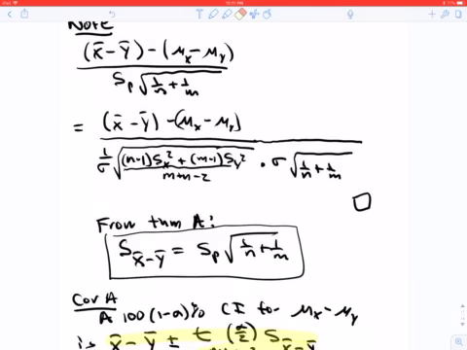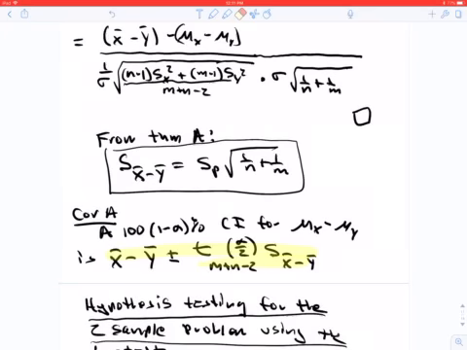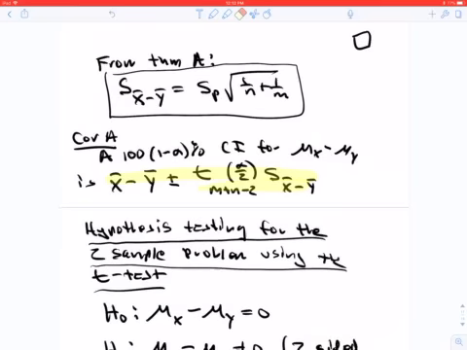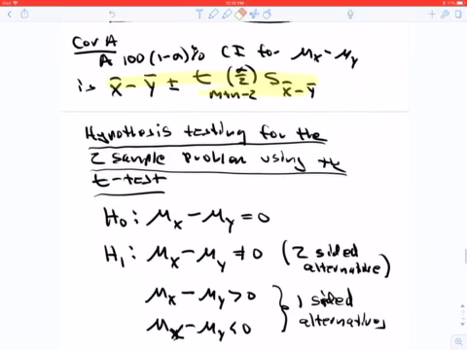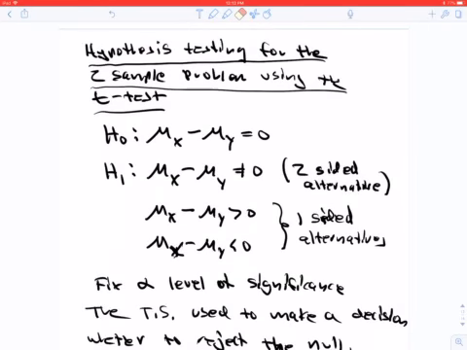And that's just a little bit of a calculation here. So that proves this theorem, and we see here that the standard error for x bar minus y bar is this pooled sample variance times the square root of 1 over n plus 1 over m. Good to know. And then we can write a confidence interval for the t-distribution in this way.